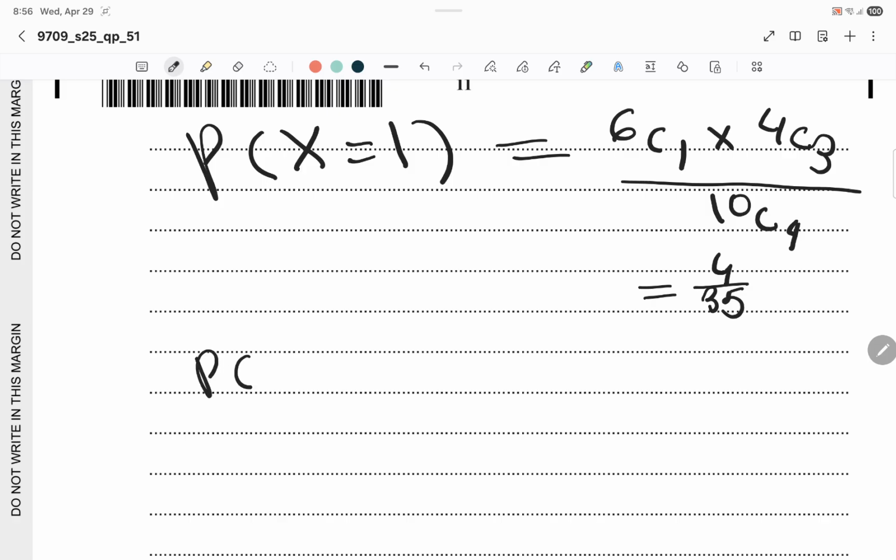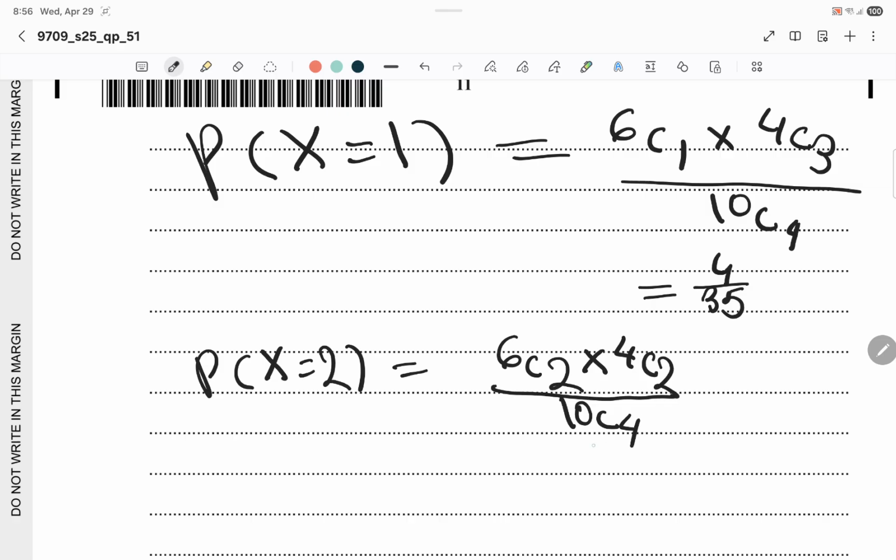And then for P(X = 2), same thing, 6C2 times 4C2 divided by 10C4. Oh wait, we already found out 2, so we don't have to find this. We can find this though. Hold up.